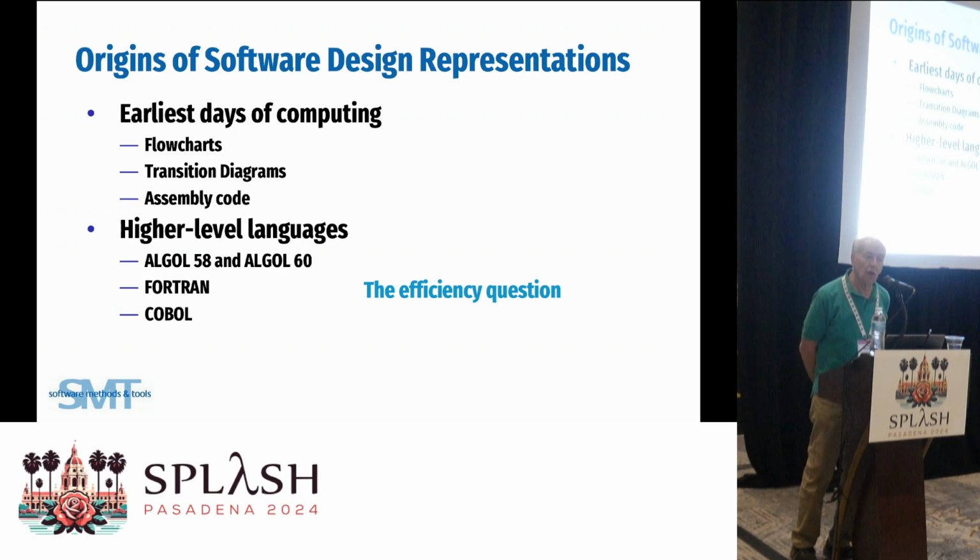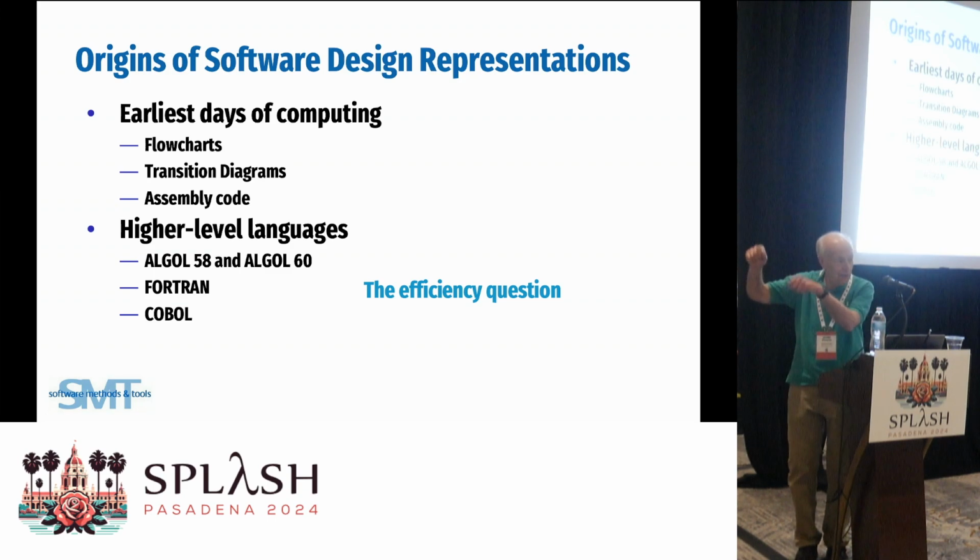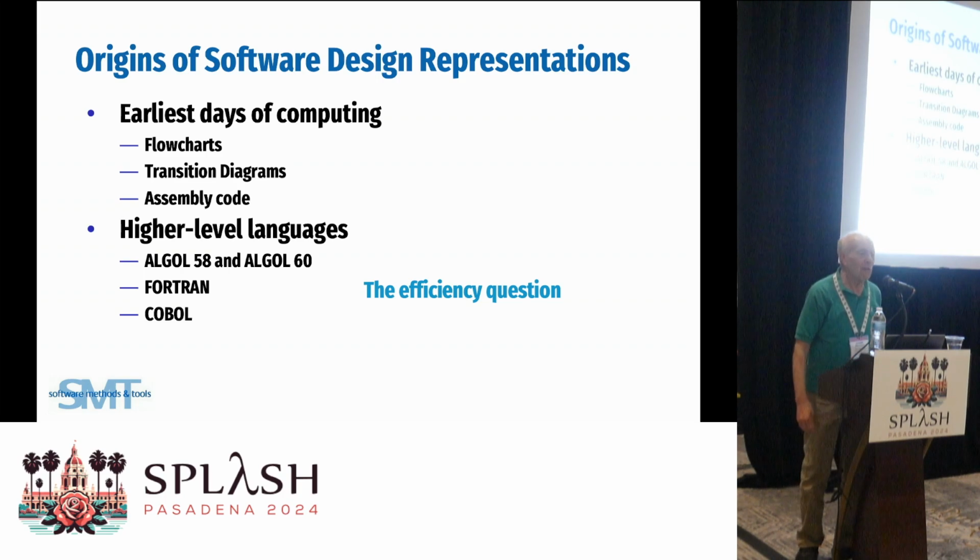The things that go back to that time are flowcharts and transition diagrams and, of course, assembly code. Assembly code was a big step up from standing at the machine and flipping switches. If you've ever been to the Computer History Museum, you can go there and flip switches, which is not a happy way to spend your day if you're trying to get any work done.